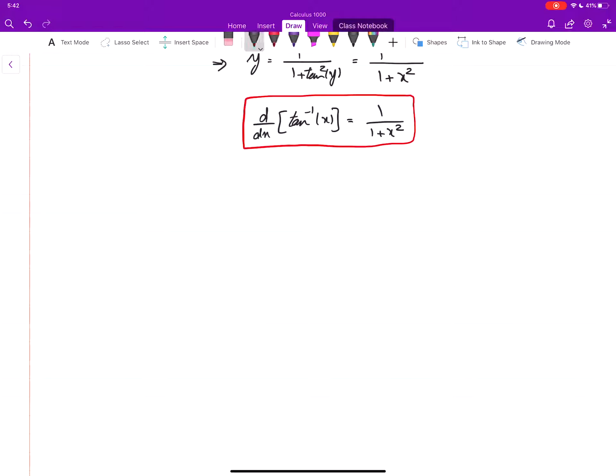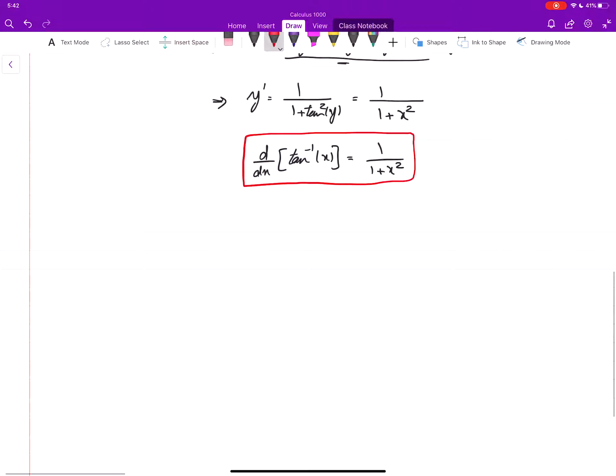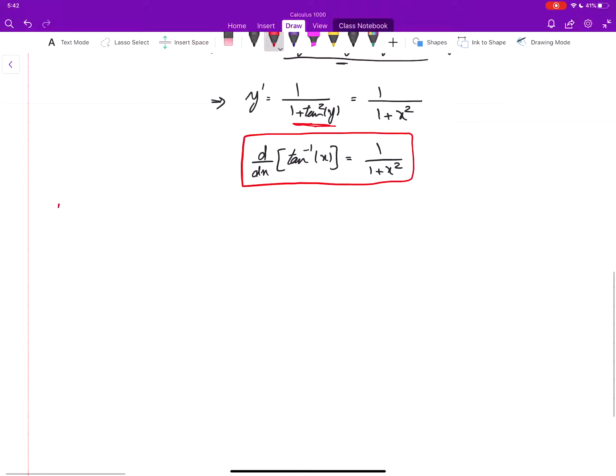You just need to do a little bit of changing at the end, changing y to x as we did in these last steps. But the technique, the trick, is the same thing. So let me just write the derivatives of inverse trig functions.